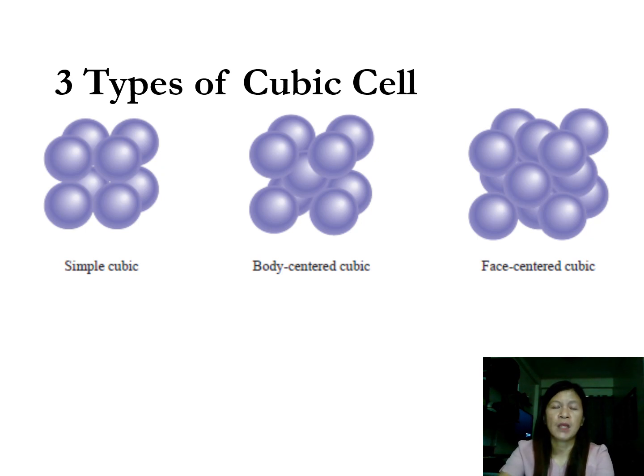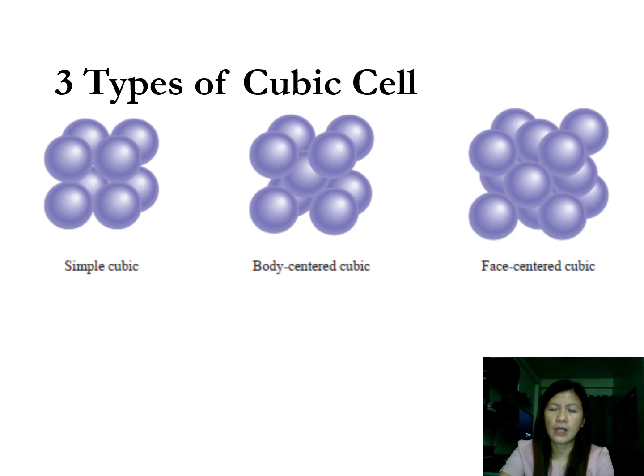Notice in each face of a simple cubic there are 4 atoms. In face-centered, in each face there is an additional atom in the middle. So in each face there are 5 atoms.